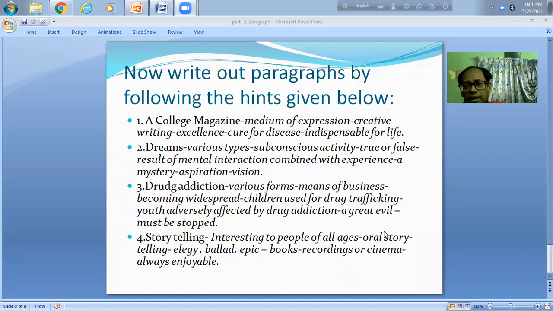There is no single positive thing about taking drug. Any kind of drug it can, no man. So drug addiction must be stopped.